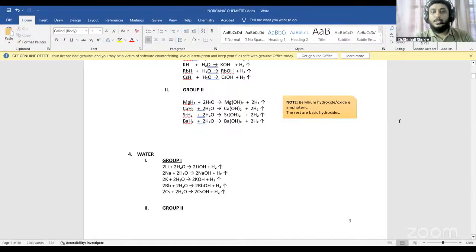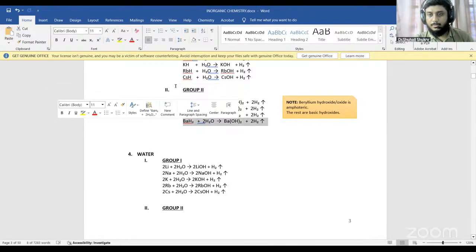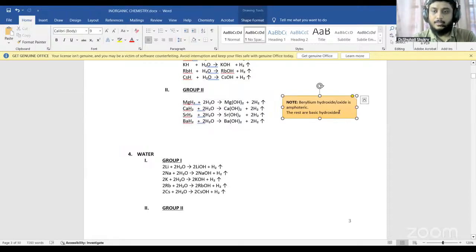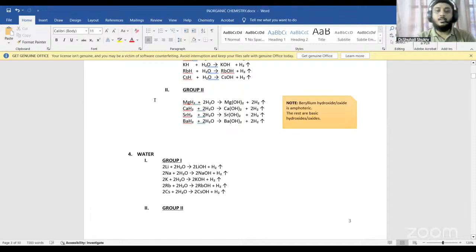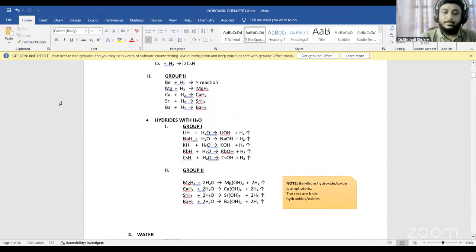Okay. The rest are basic hydroxides. Right. Good. Hydroxides and oxides. Okay, anyways. Now, can you remember how they react with hydrogen? Clear?